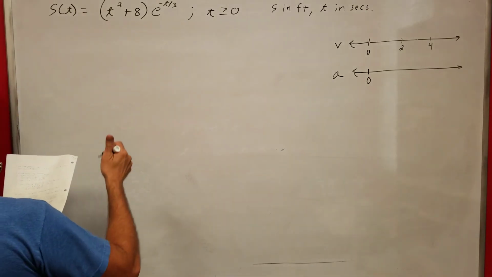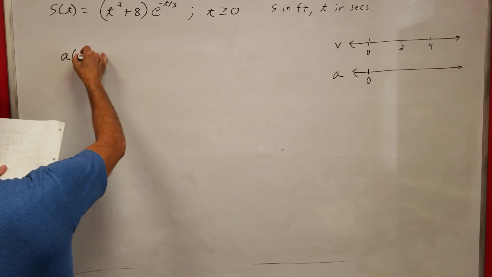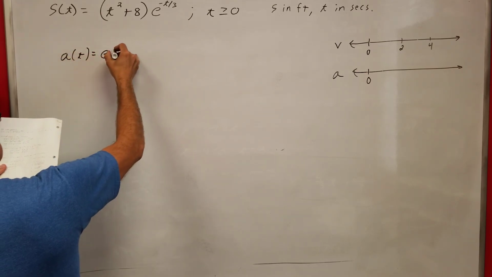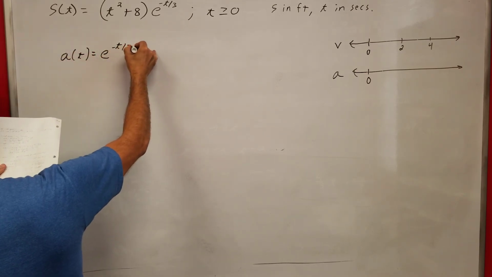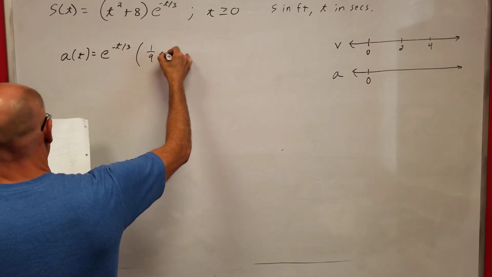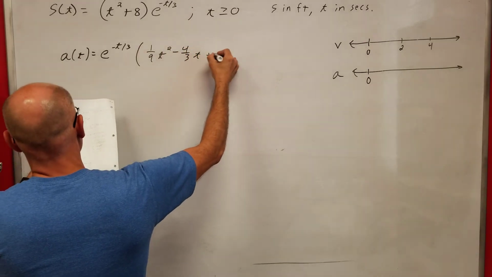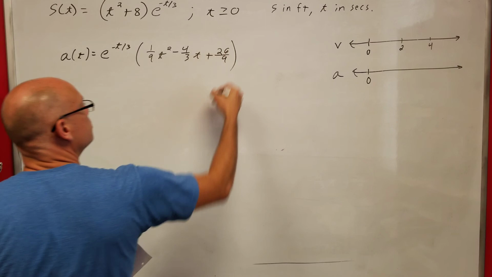So what was my acceleration function? It was a of t is equal to e to the negative t over 3 times 1/9 t squared minus 4/3 t plus 26/9, right?